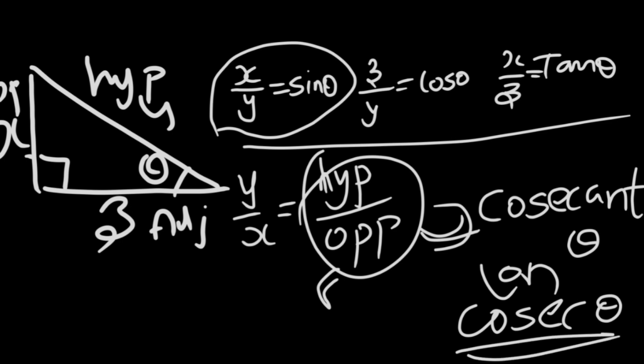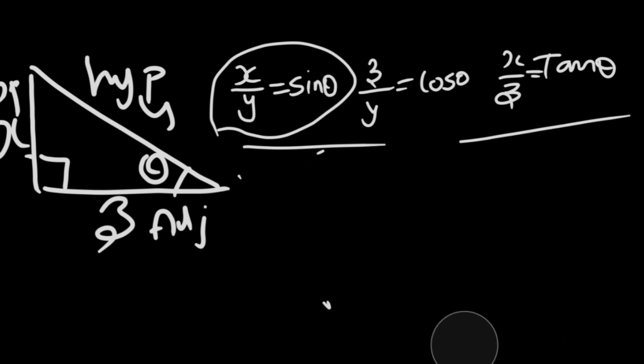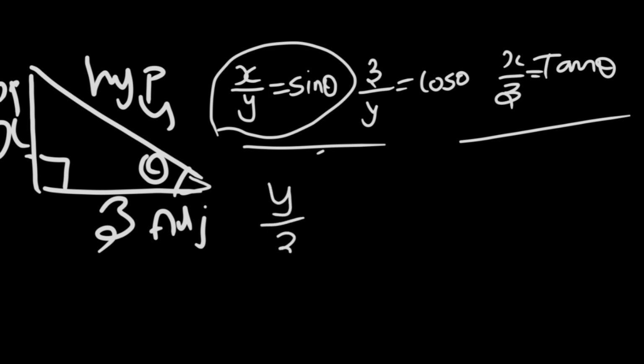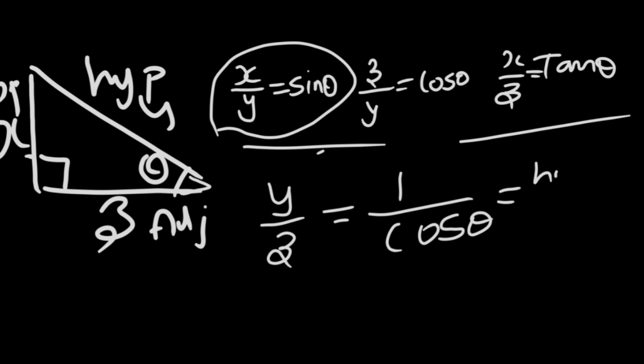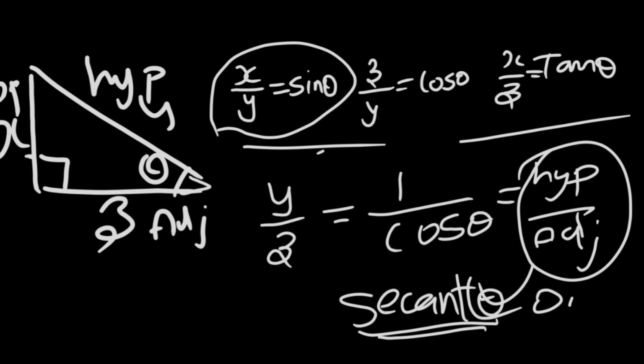And the next is the reciprocal of cos theta. z by y is cos theta, and y by z is the reciprocal of cos theta, which is hypotenuse by adjacent side to theta. And we'll call this ratio secant theta. The short form of secant theta is sec theta. That's it.